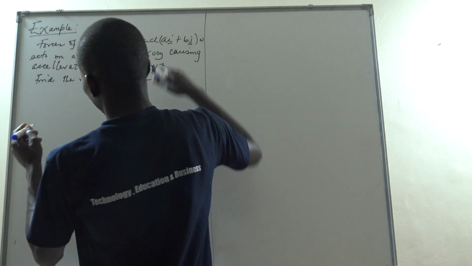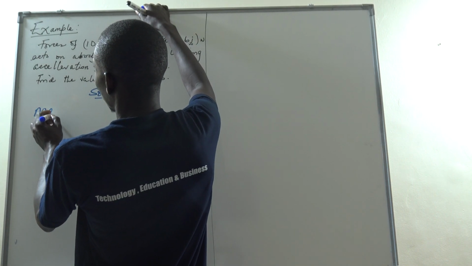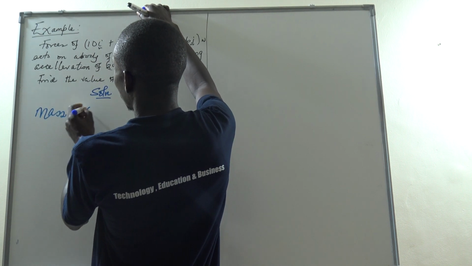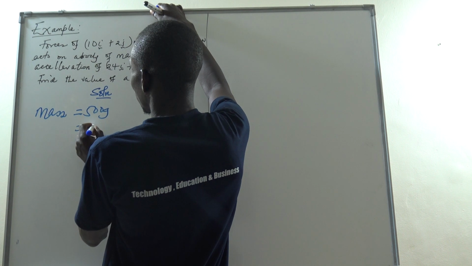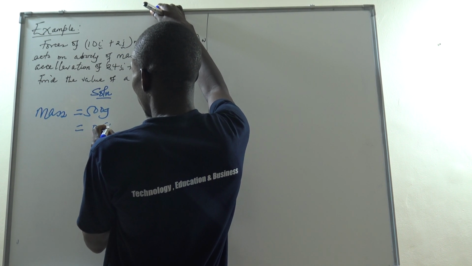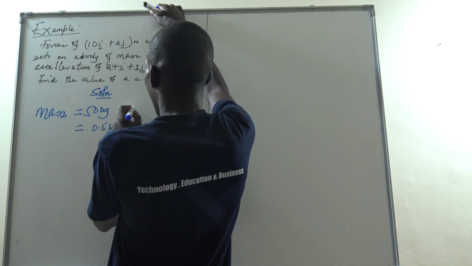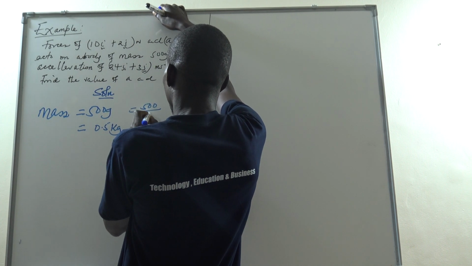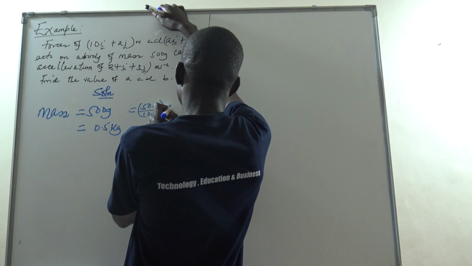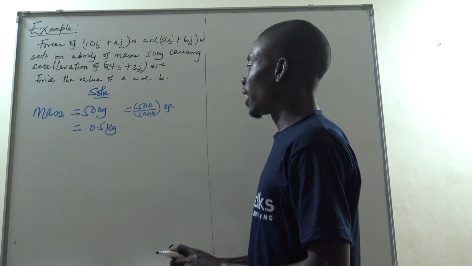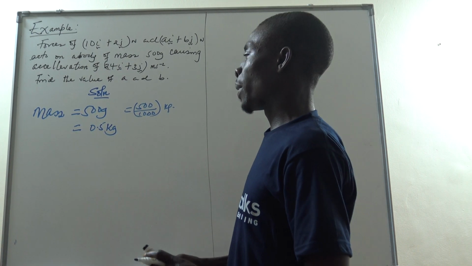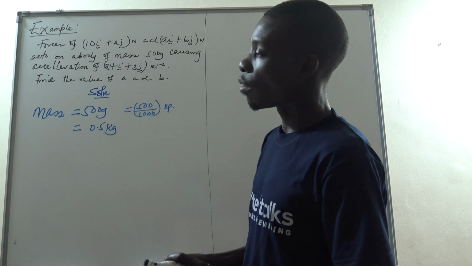So that means they have given you a mass of 500 g, and that is the same as 0.5 kilograms, because you divide by 1,000. The unit should be in its standard. So we shall have that as our mass.